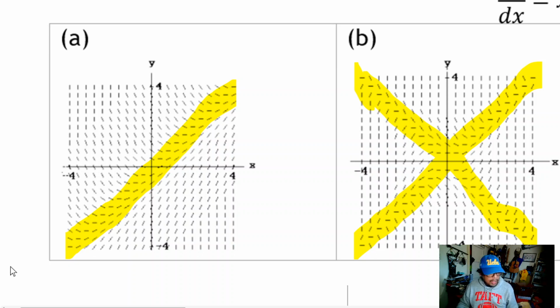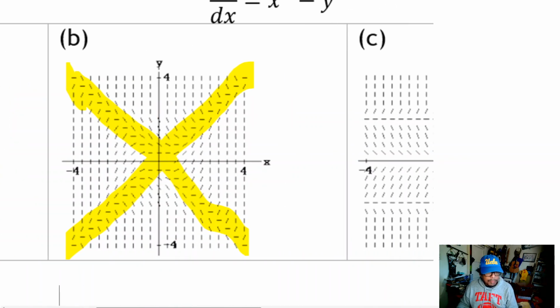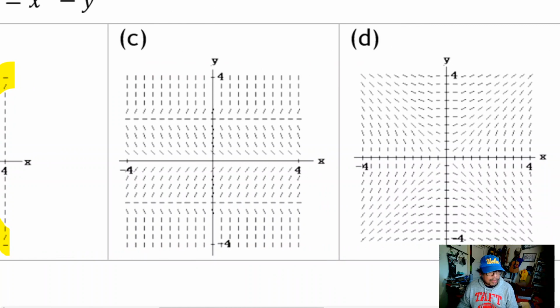Let's take a look at the other two slope fields. Where is the derivative equal to 0? Where is the slope equal to 0? We've got a horizontal line here, and a horizontal line right over here. If I had to estimate, I would say that happens when y equals 2 and y equals negative 2.